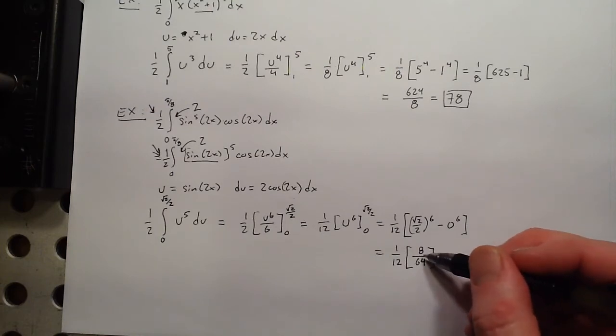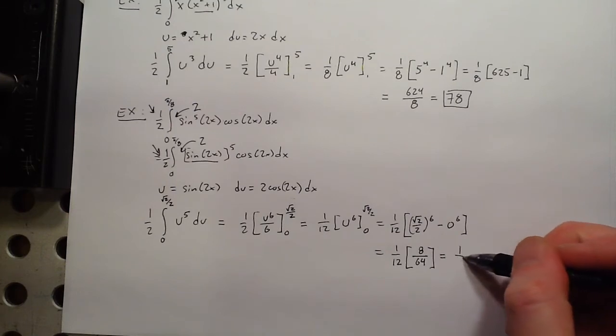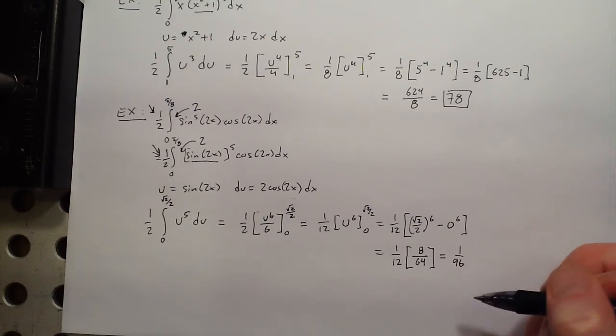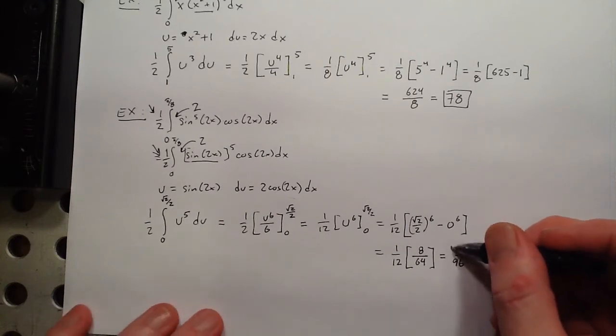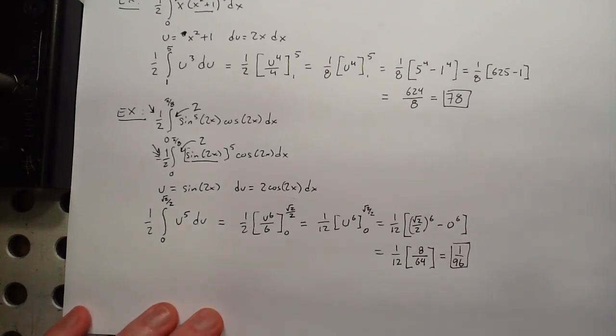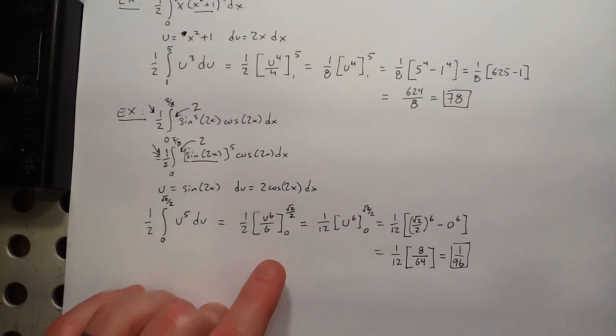And let's see, 8 over 64 is 1 over 8. It's 1/12, so that's 1 over 96. There you go. There's another example.